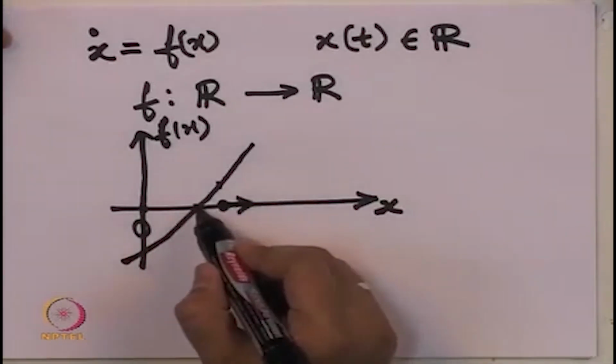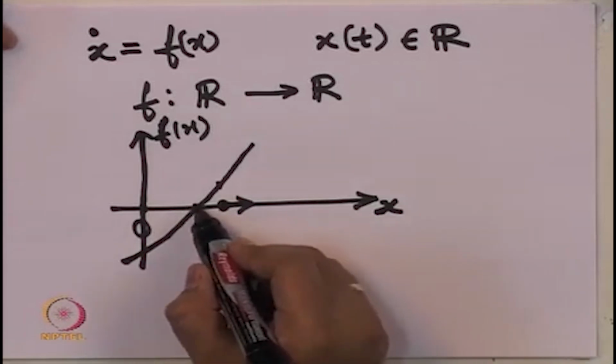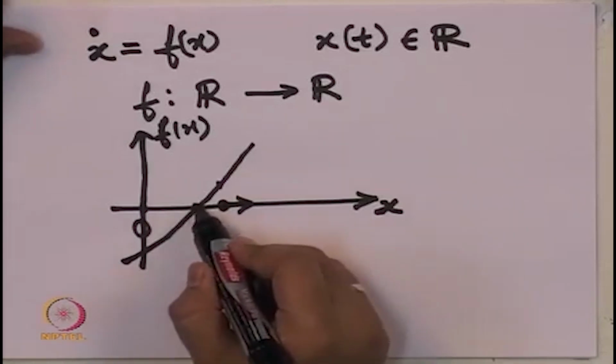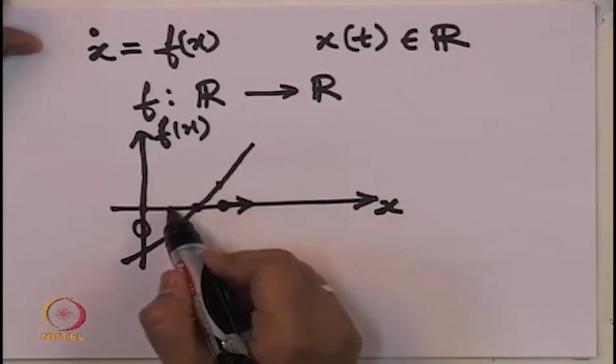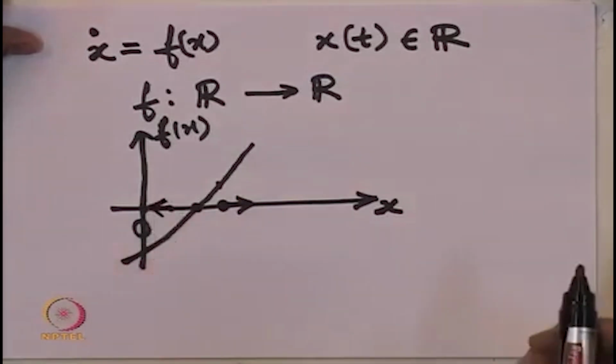At this point, because f is 0, the rate of change of x is equal to 0 when x is at this point, and hence that is an equilibrium point. If x starts at that point, it remains there. On the other hand, if we consider this point, f is negative, and hence x dot is negative at this point, and hence it is decreasing. So we will draw an arrow in this direction.